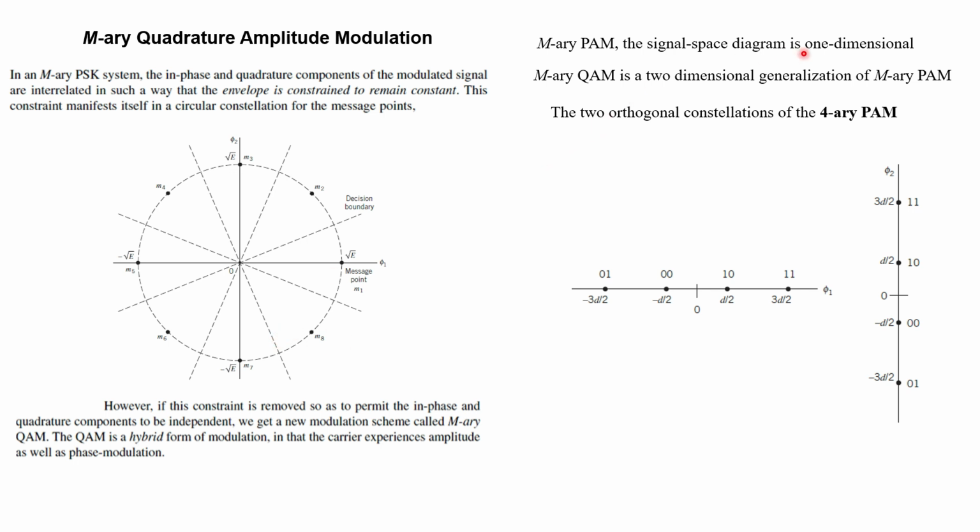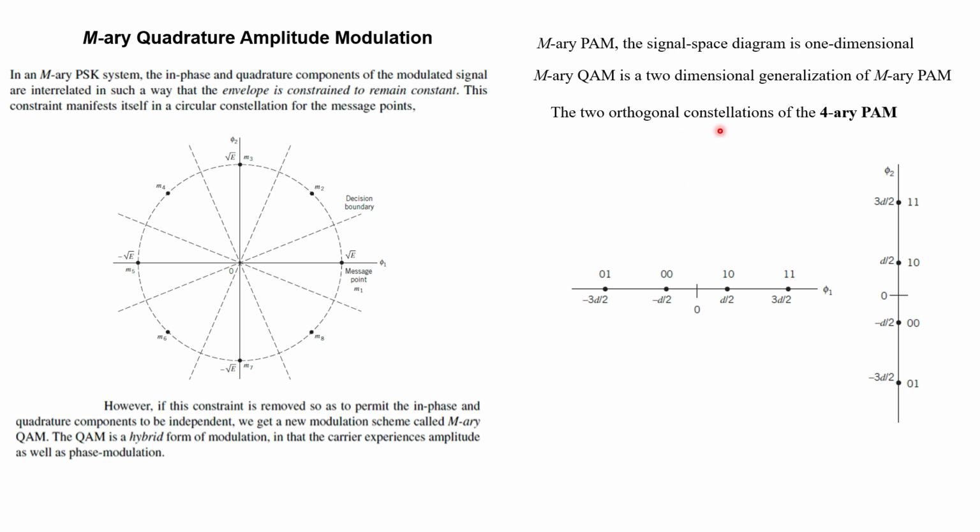So the basic signal space diagram for one-dimensional PAM. This is the basic digital modulation, M-ary pulse amplitude modulation, in one direction, one dimensional. Therefore, from this we can generalize two-dimensional QAM from M-ary PAM, that is the basic modulation. So that is given by this one.